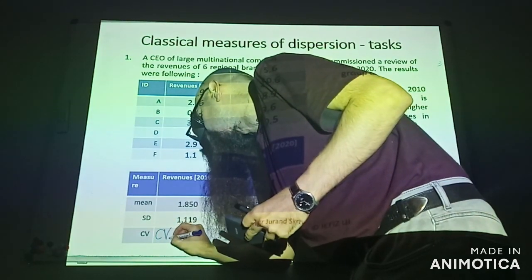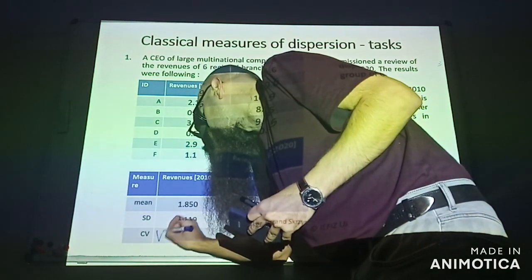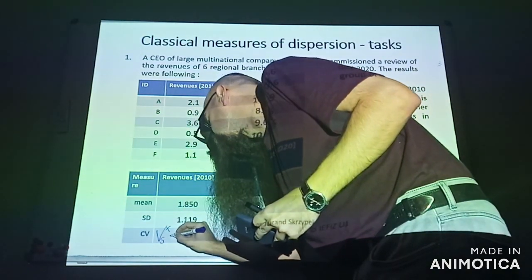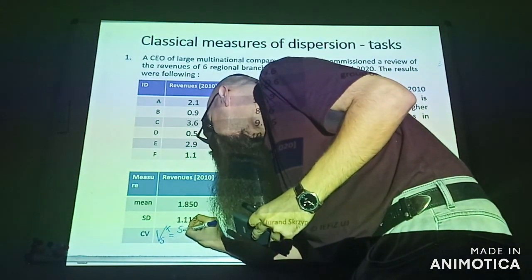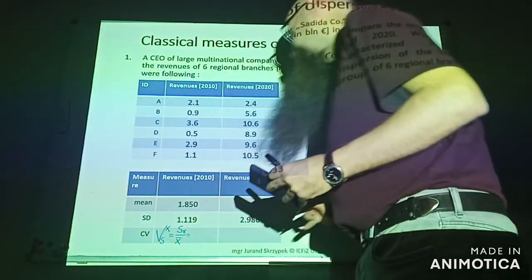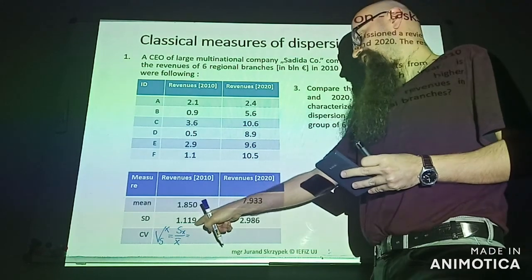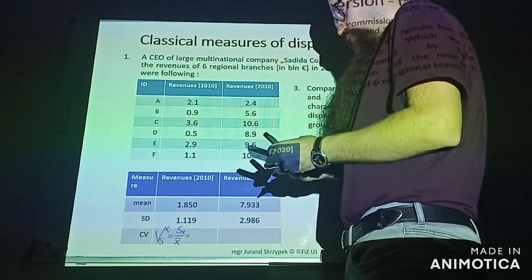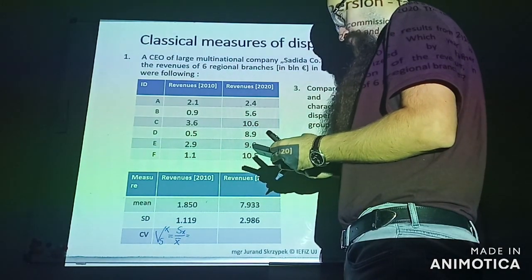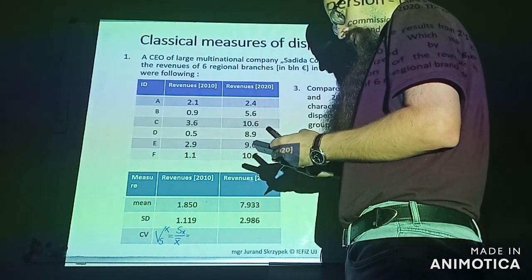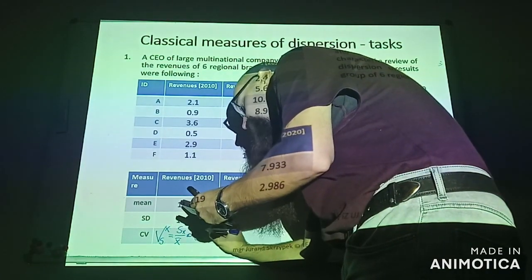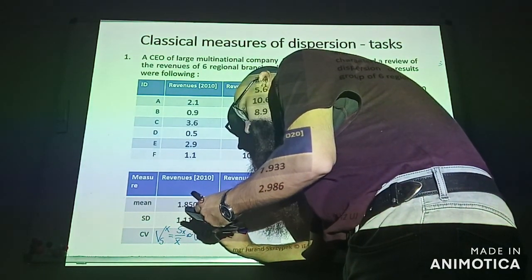Coefficient of variation, or maybe VSX, is equal to SX divided by X mean. So here we divide the standard deviation 1.119 by mean value 1.85, and the final result is about 0.605.